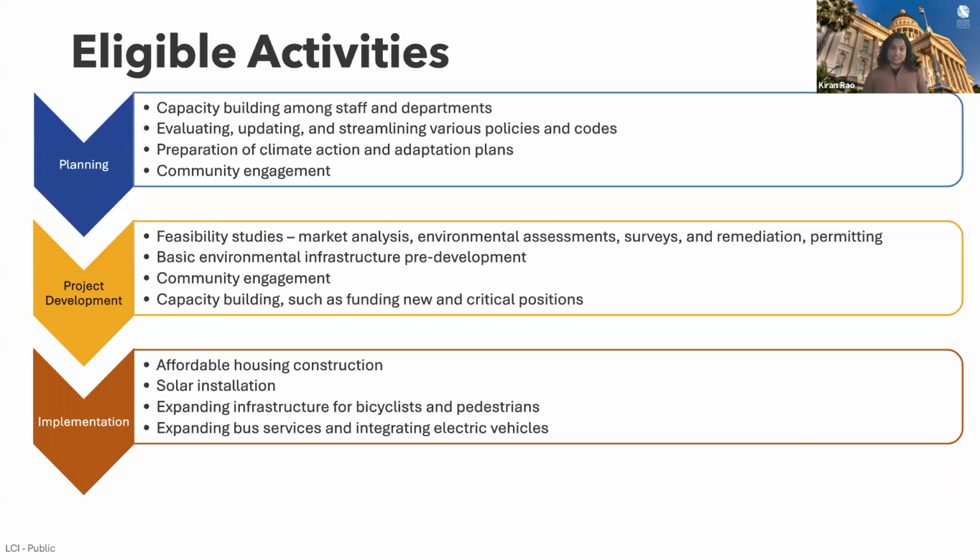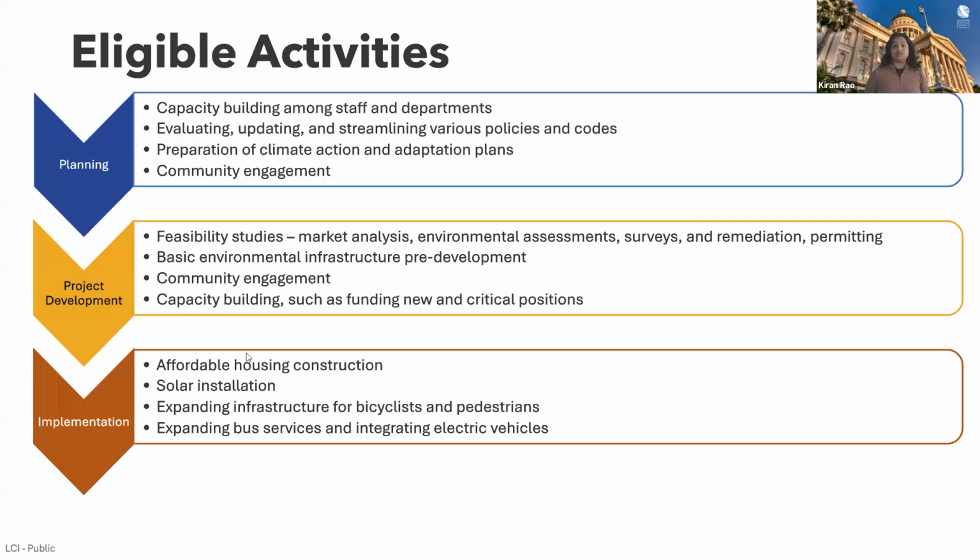Project development activities can encompass planning grant activities, but may also include feasibility studies, environmental assessments, permitting, infrastructure pre-development, and additional capacity building support, such as funding key staff positions.